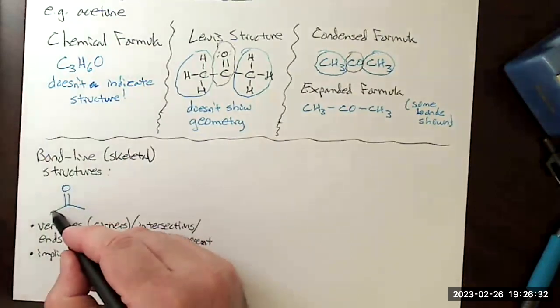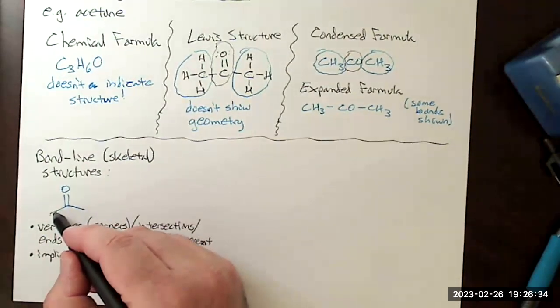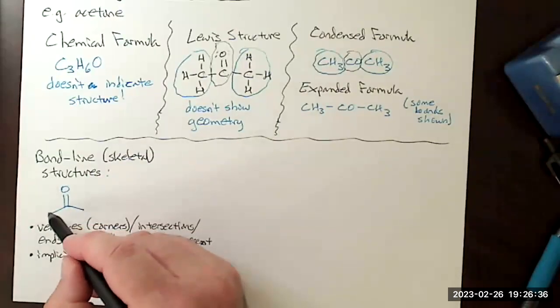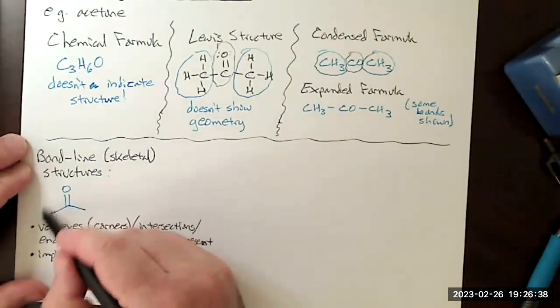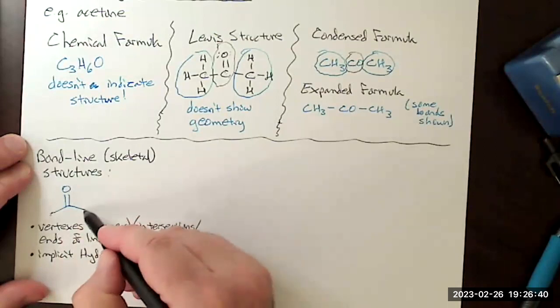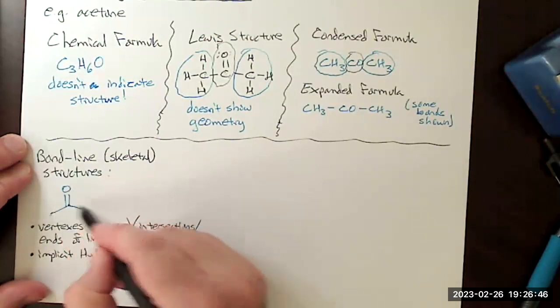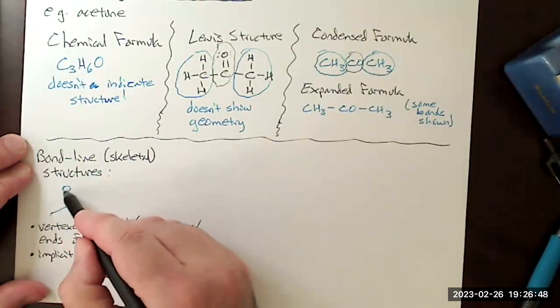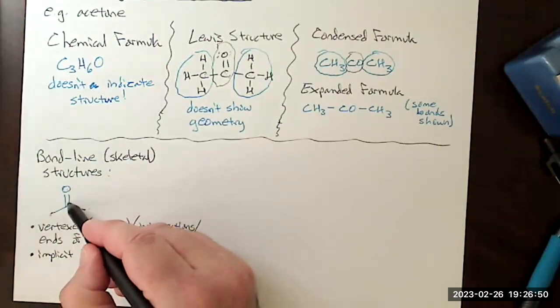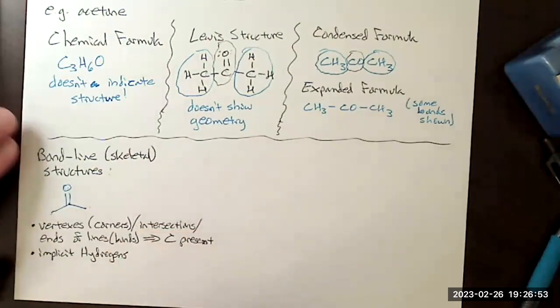So it must have 3 hydrogens on it because carbon forms 4 bonds. One's going to carbon, the other 3 have to be to hydrogens. Same with this carbon over here. The carbon in the middle doesn't have any hydrogens because it has 1, 2, 3, 4 bonds. We count the double bond as 2 bonds.